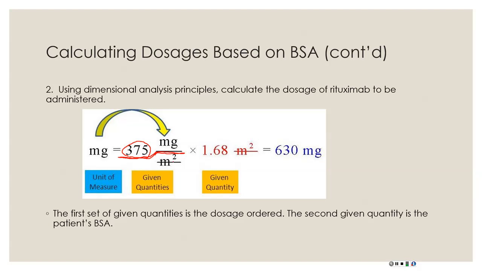So when we go ahead and enter in our meters squared then, we know that meters squared can be canceled out by putting another meters squared at the numerator of the next equation. So when we put in our 1.68, and then we can cross out our meters squared, and then that's perfect because we're left with just milligrams here. So 375 times 1.68 equals 630 milligrams.